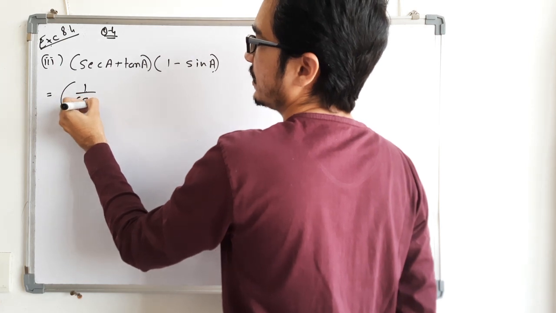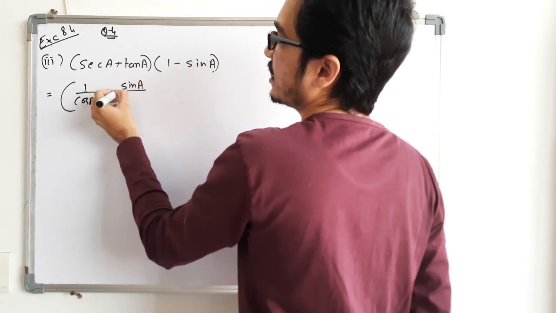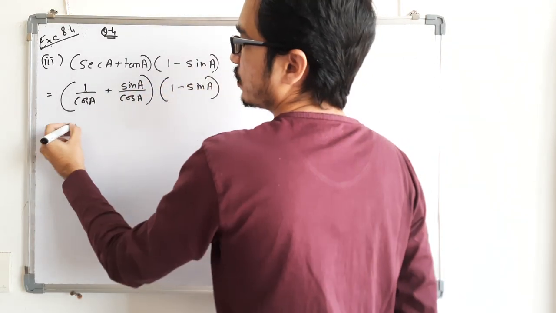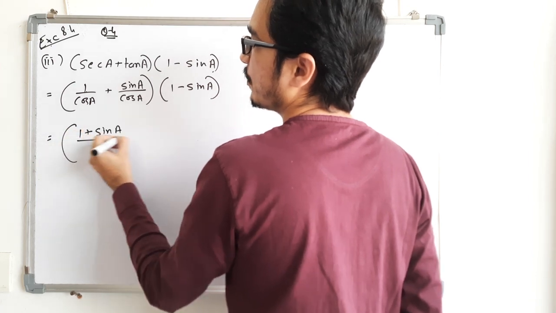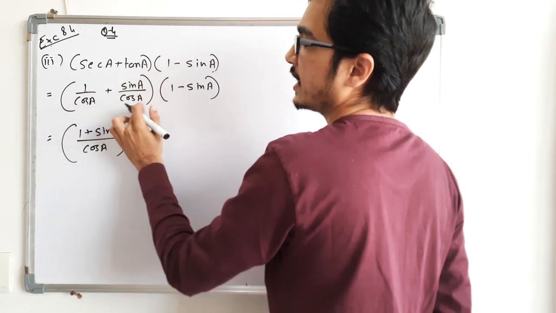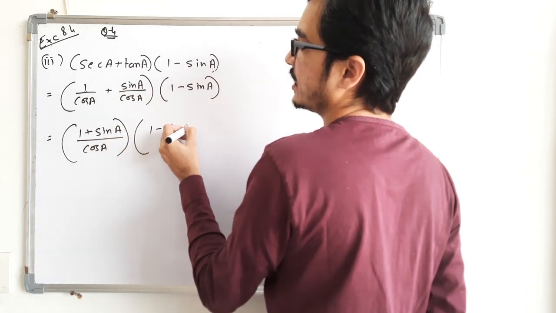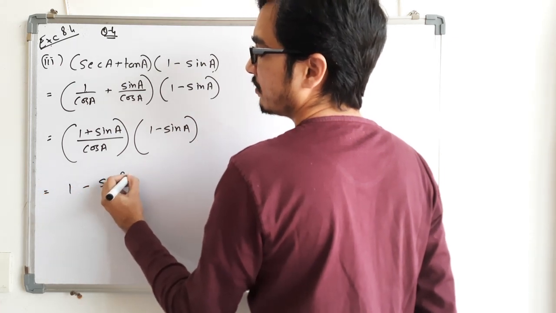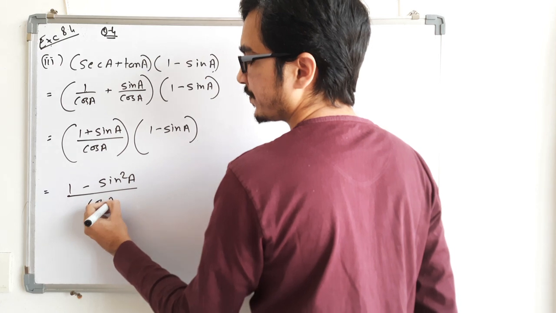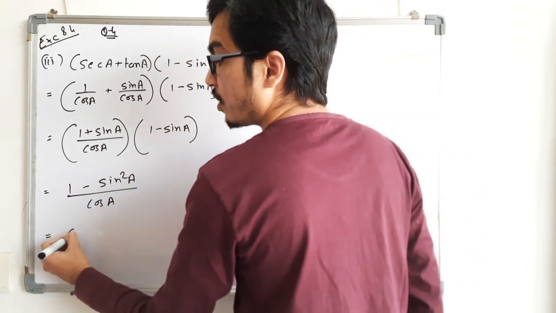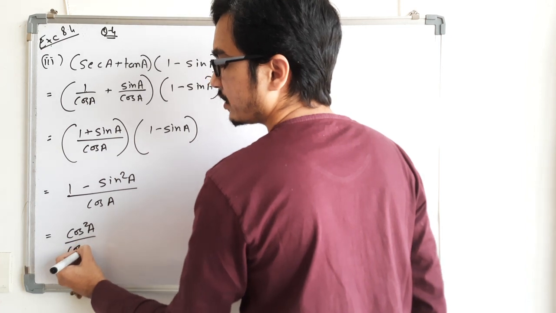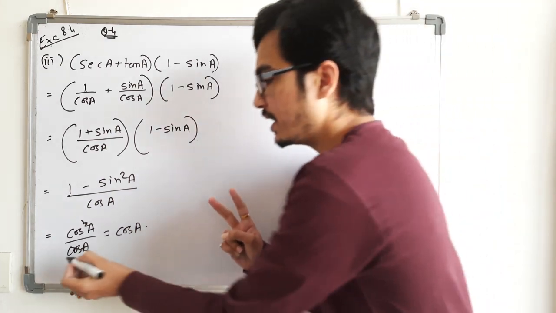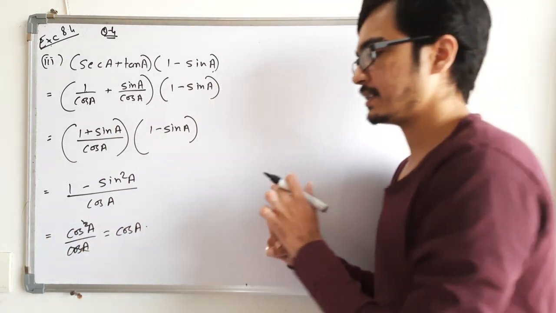Sec A is 1 upon cos A, tan A is sin A upon cos A, times 1 minus sin A. So this will be 1 plus sin A upon cos A, as we are considering cos A as LCM, and 1 minus sin A as it is. 1 plus sin into 1 minus sin is 1 square minus sin square. Square of 1 is 1 only. So 1 minus sin square is equal to cos square, identity. So cos cancels. Cos square means 2 cos are there, out of which 1 cos gets cancelled with the denominator. So 1 cos is here.